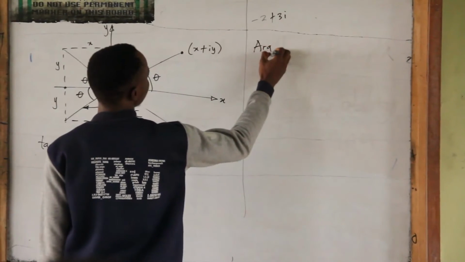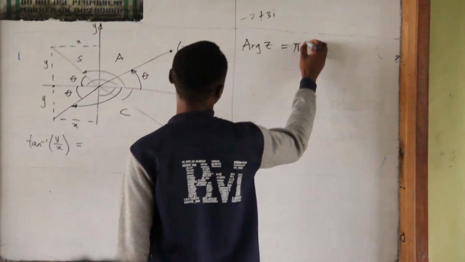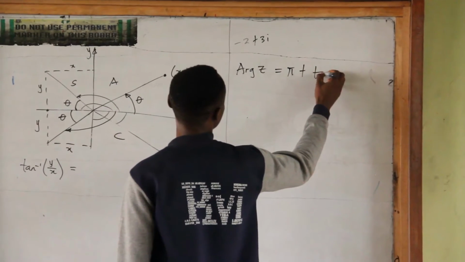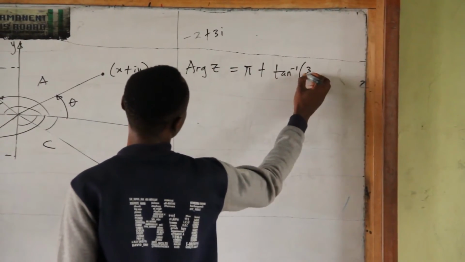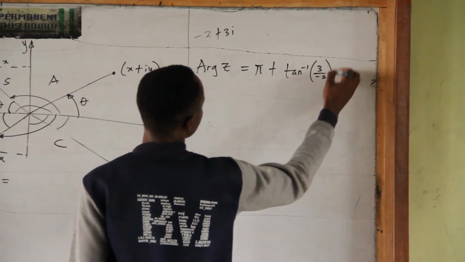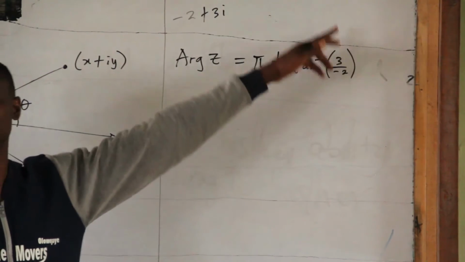The argument of c is going to be equal to 5 plus tan inverse of y over x, where y is 3 and x is minus 2. Clear? So if you are using 5, that means you have to get this one in radians.